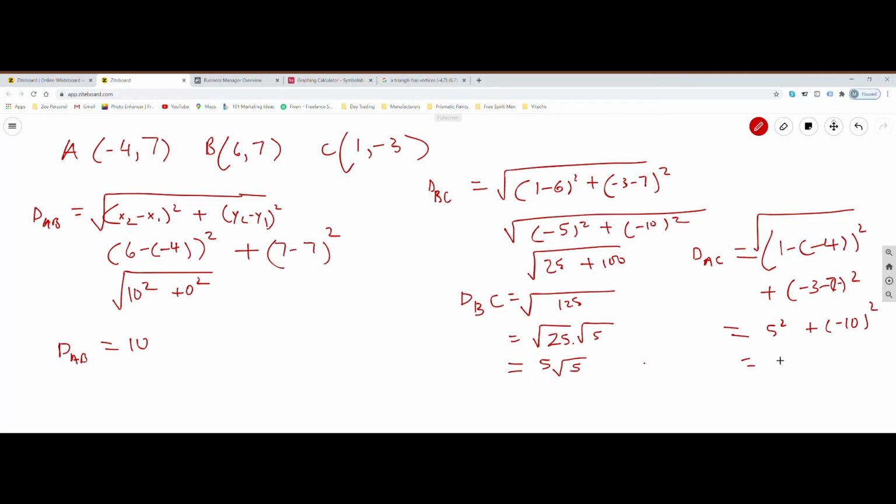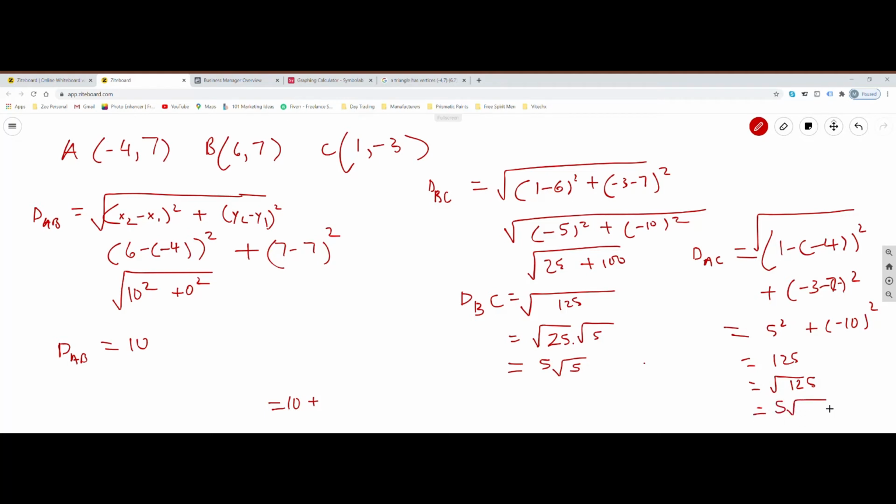So you get 125. So you get the square root of 125. So the total would be 10 plus, this and this are the same. I just simplified it even more.